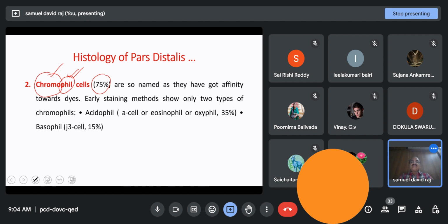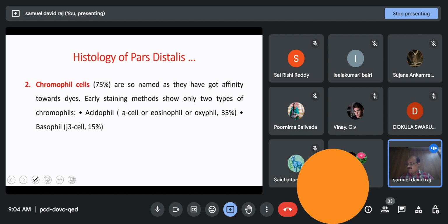So the various dyes, whether acidic or basic, are responsible for staining these cells. And based on the type of stain used, some cells of chromophils are stained by acidic dyes, they are called acidophils. Some are stained by basic dyes, hence they are called basophils.